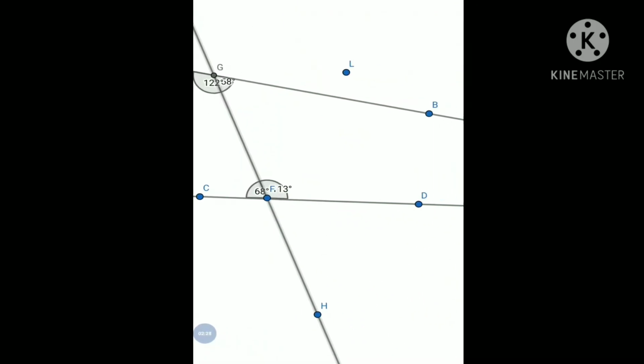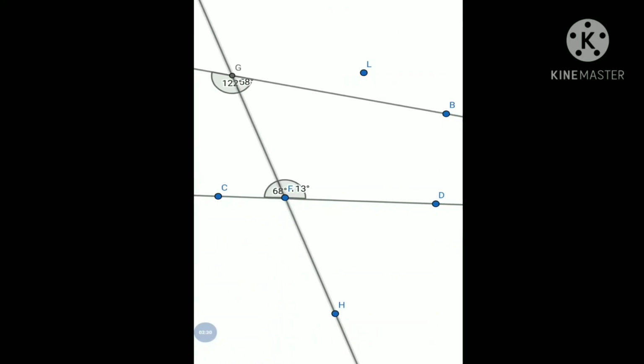Here it is 122 and 68. Here 68 is there, and make this 122. 122 plus 68, how many? 190.